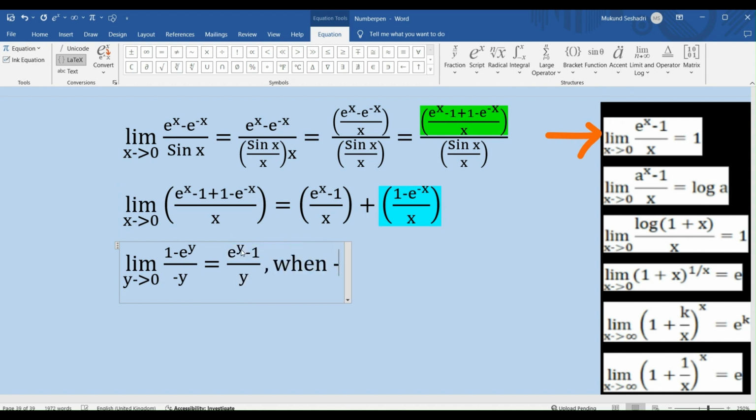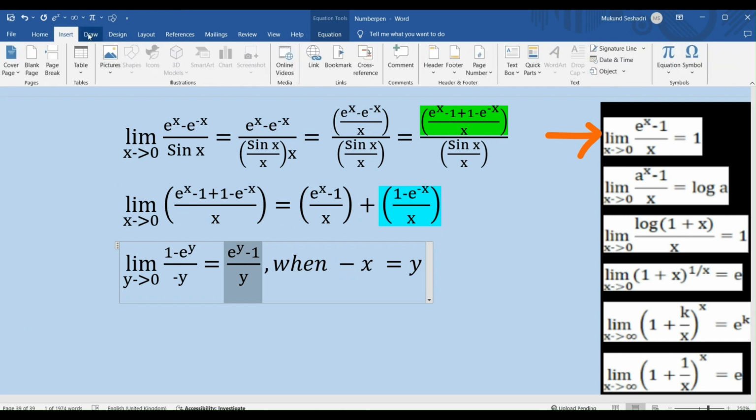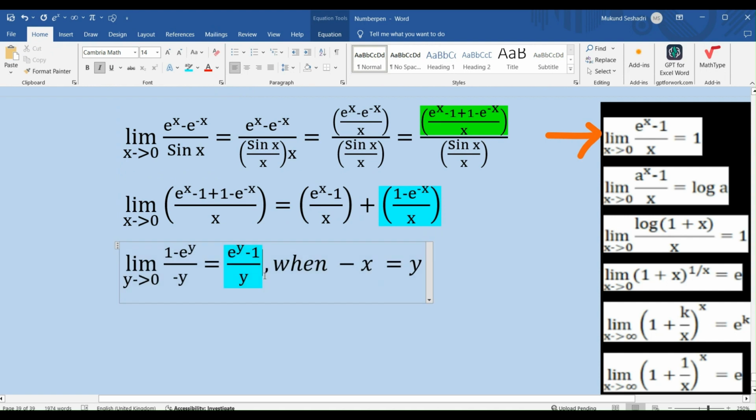When my minus x equals y, right? So now we know we have limit y tending to 0, e to the power y minus 1 divided by y. And what is the answer for this? We know that the answer for this part, which I'm going to represent again in turquoise, is equal to 1, right?